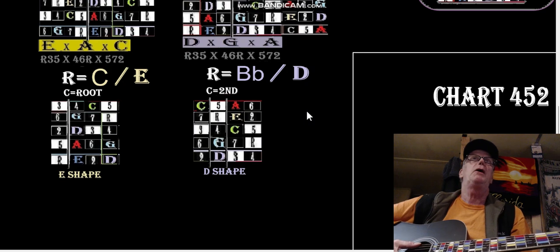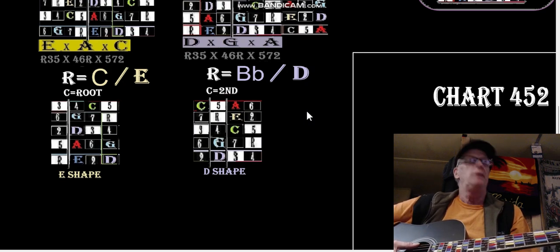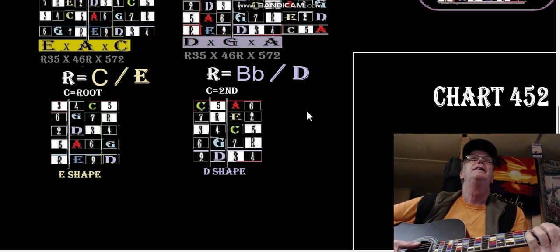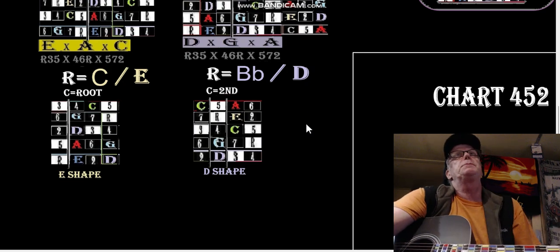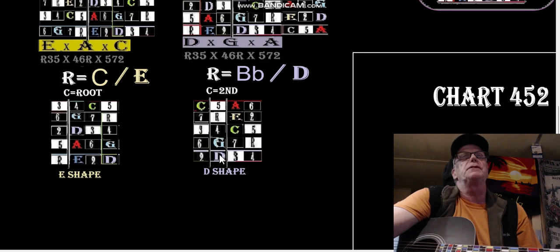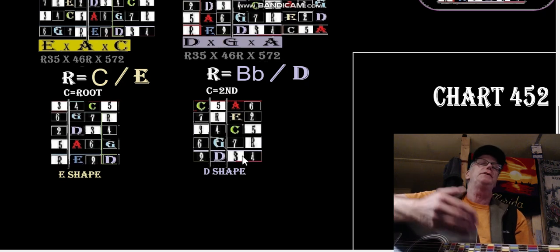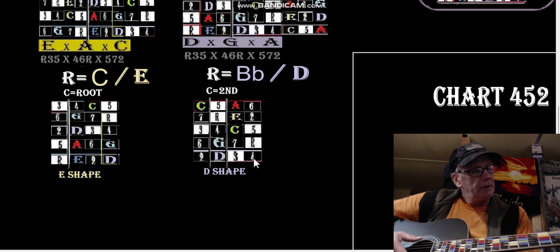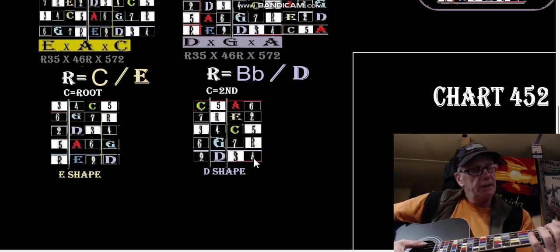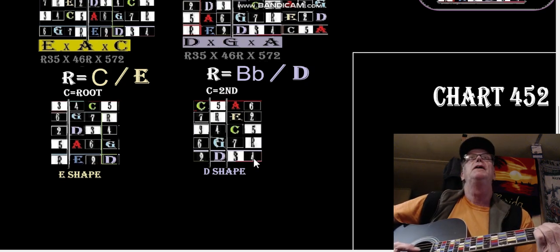Now we're going to bar the 3rd, because strictly speaking, here's your D string shape. So how are we going to define these? We're still going to define them with the bottom string shape as a definer. So we're going to put that bar here and do the 3, 5.